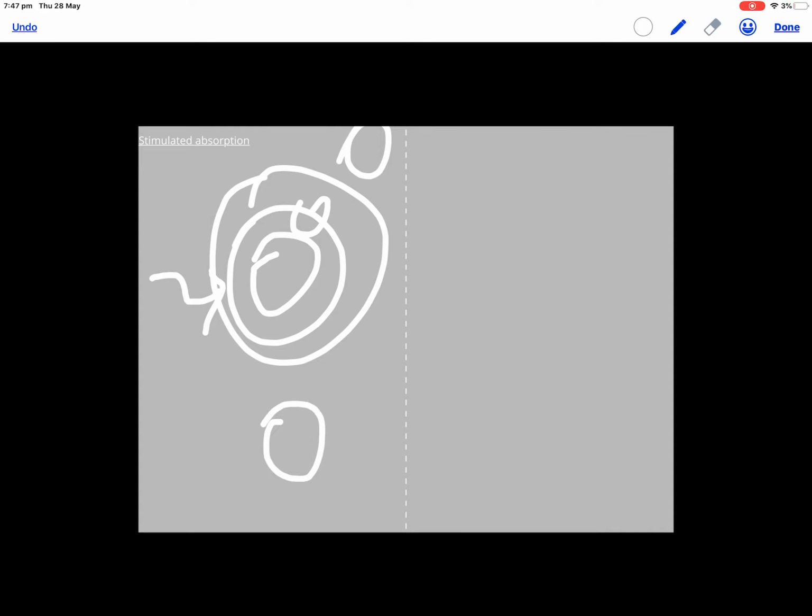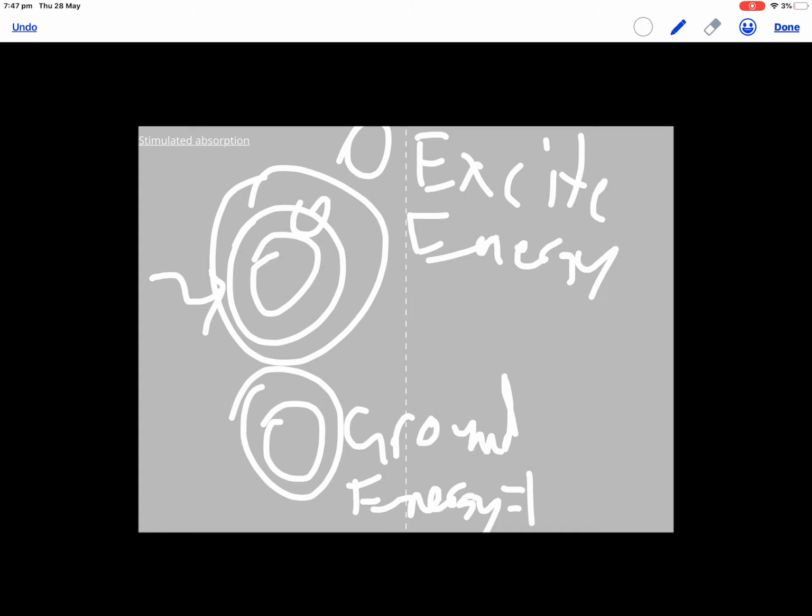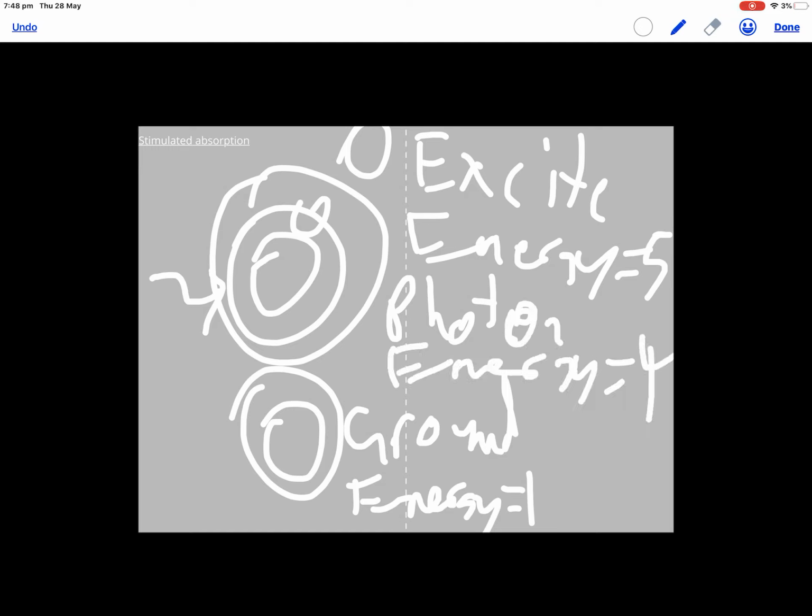Let's say the ground state has energy equal to 1, and the excited state has energy equal to 5. So the photon has to have energy equal to 4. Since if it's too much, the electron will get out of the atom, but if it's too little, the electron will stay there.